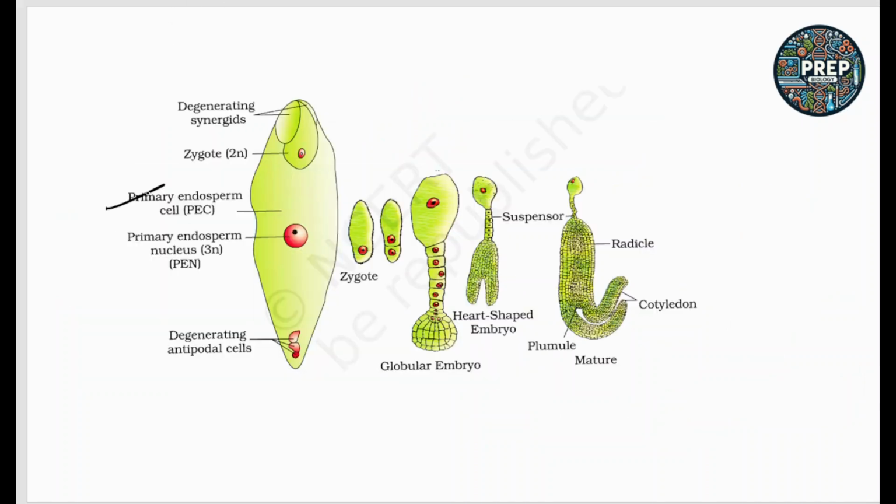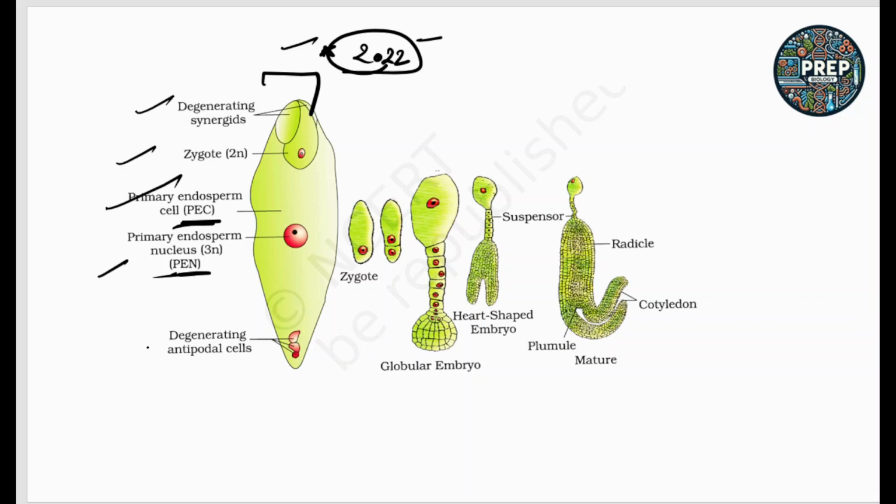So this is the primary endosperm cell, PEC, and PEN. This structure is also very important. In your 2022 exam, I think this structure was given for the question, and you have to label the different parts.